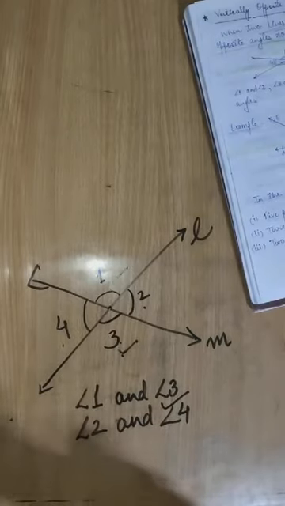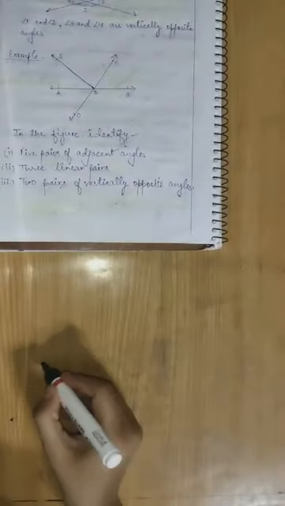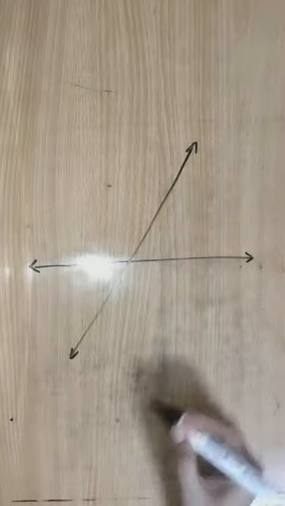Okay, we'll take one more example to try and understand this vertically opposite angles topic. So I'll draw the diagram. This is the first line, this is the second line. So these two lines are intersecting, right?